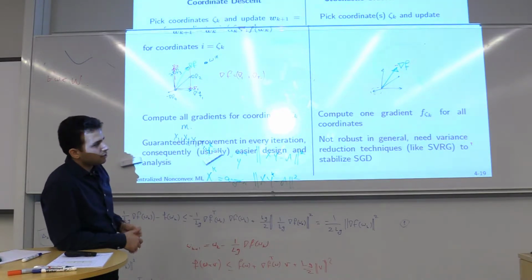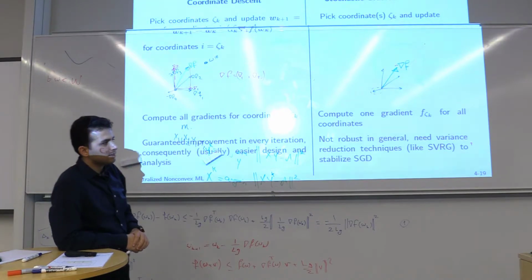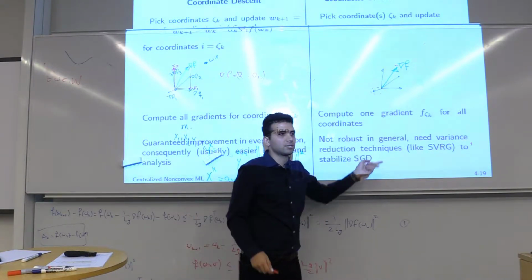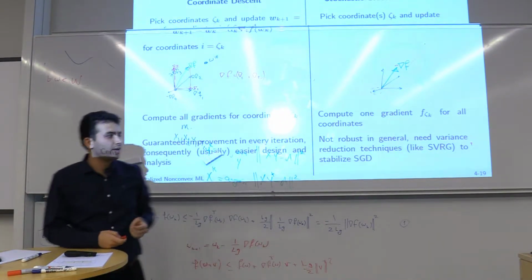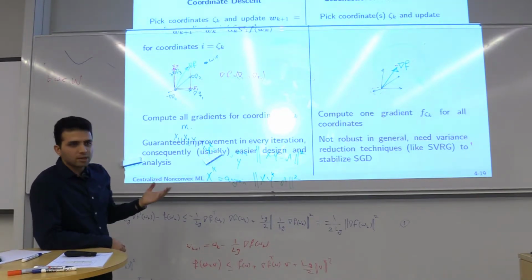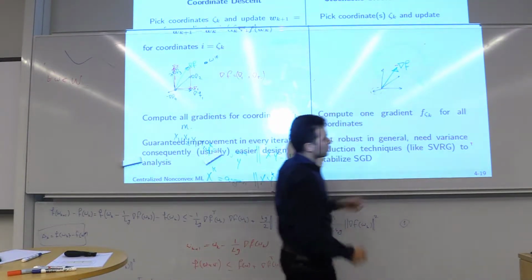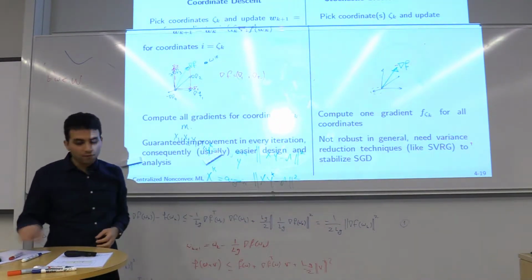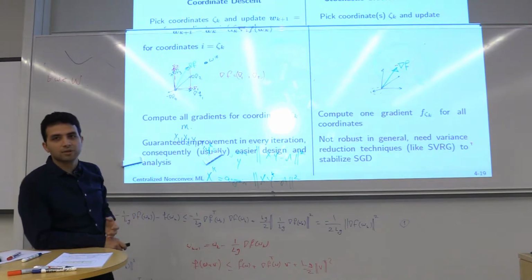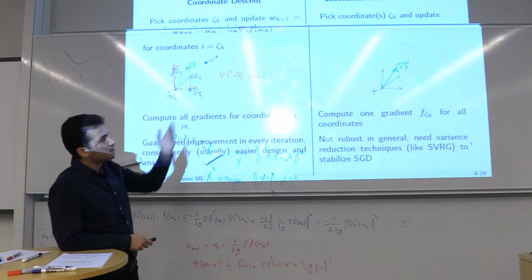So that's why there are lots of approaches if you want to go with stochastic gradient descent. We really need some form of variance reduction techniques, like SVRG that we have seen, or whatever, that somehow stabilizes this estimation here. So that is the main idea here. If you can somehow trust your gradient estimation, with your definition of trust, then that's a great idea.